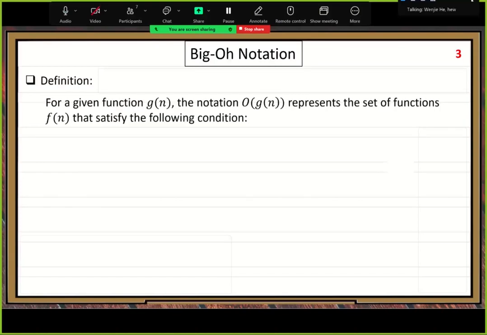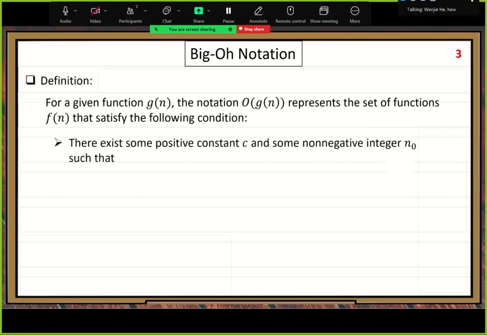For a given function g of n, the notation big O of g of n represents the set of functions f of n that satisfy the following condition. There exists some positive constant c and some non-negative integer n0 such that this inequality holds: f of n less than or equal to c times g of n.